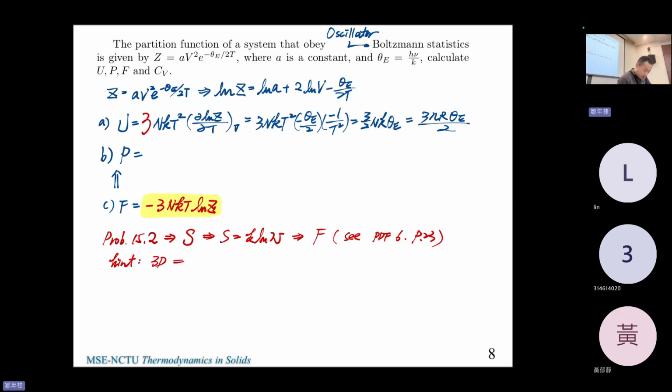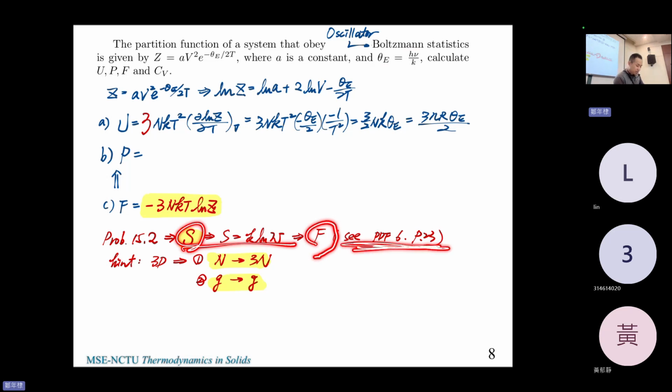What is the difference between the three-dimensional and one-dimensional? The first one is that your N becomes 3N. But your g is still g. It's so important. When you do your S to get your F, the procedure is the same.